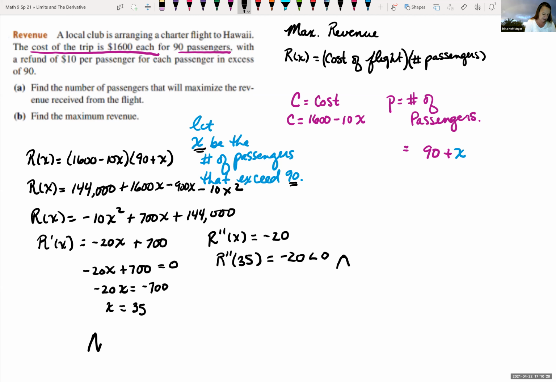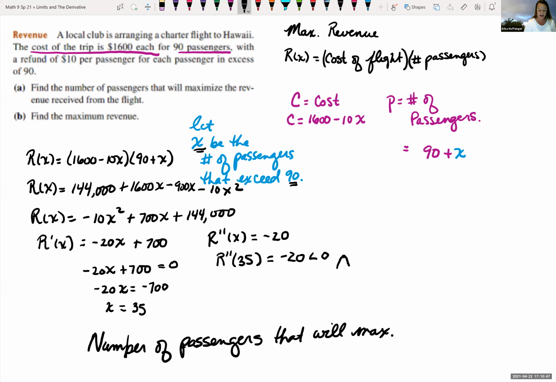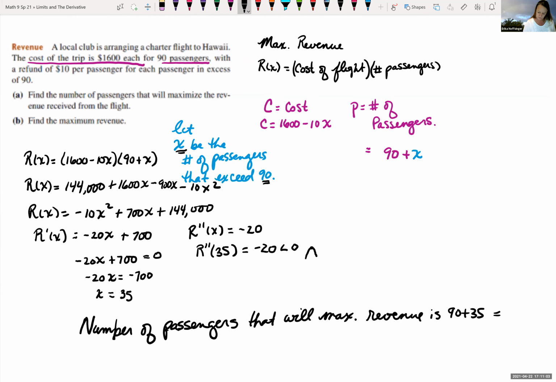So the number of passengers that will maximize revenue is actually 90 plus 35, which is 125 passengers. So that was part A.